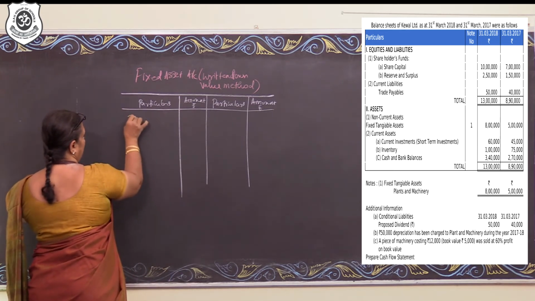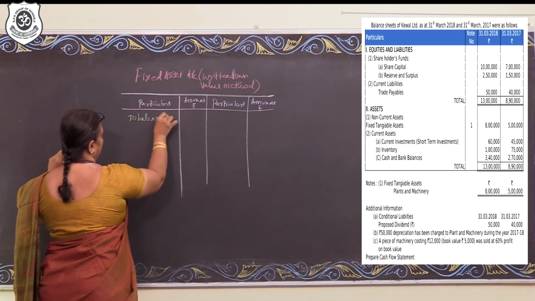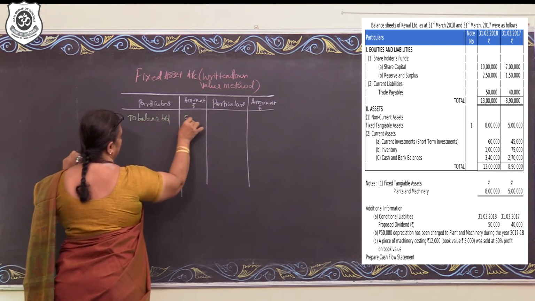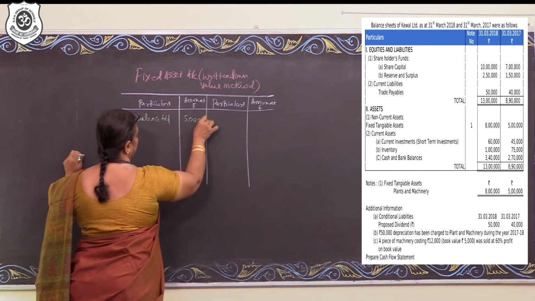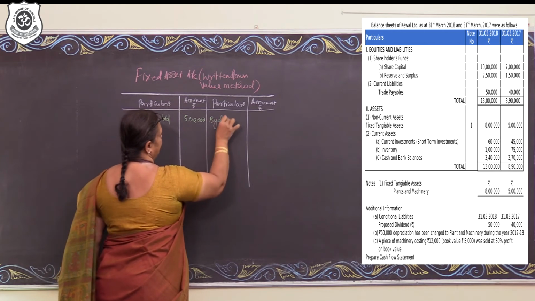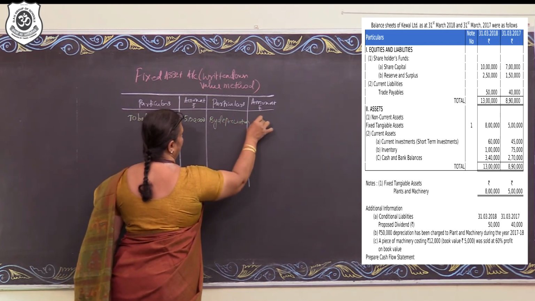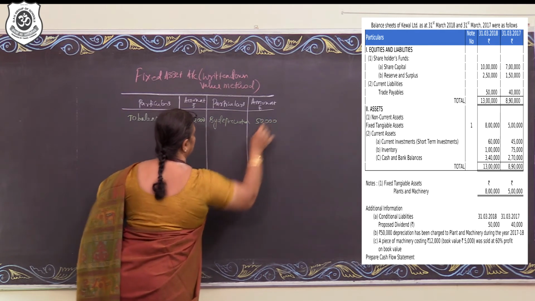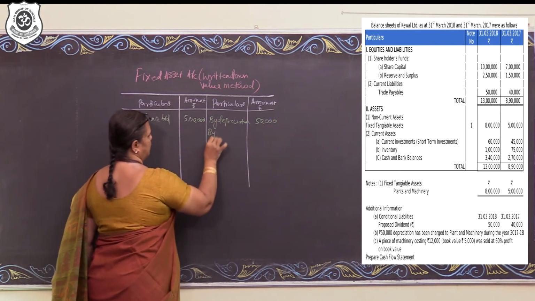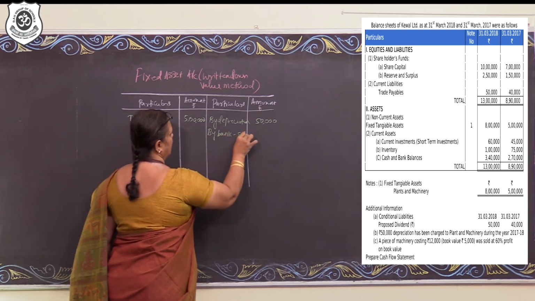To balance brought down, opening balance of asset, 5 lakhs. By depreciation. Depreciation provided on the asset is 50,000 rupees. By bank sale.